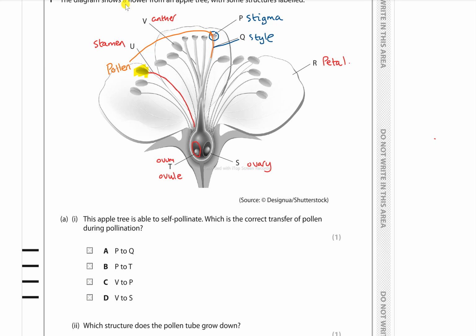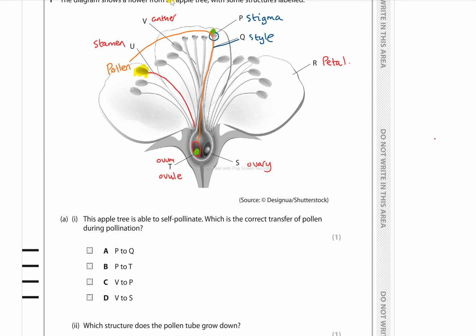That sends a tube down the style, and once it reaches the ovule, the pollen, let's just say the pollen's there, it then fuses with the ovum, and that's when fertilization takes place. Right, so what's the question asking?